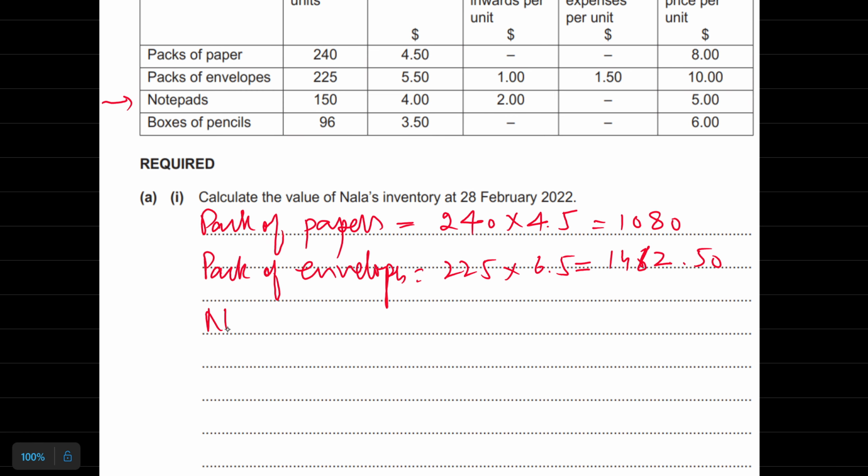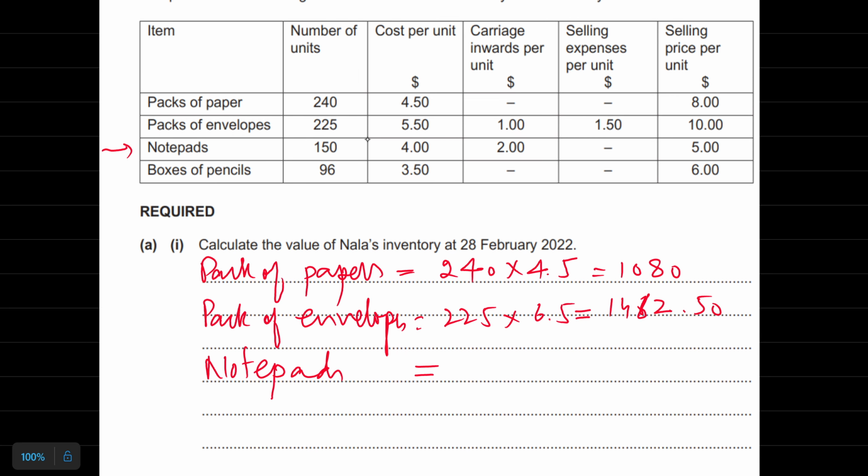Now let us move to number 3, notepads. Now students, the cost is 4 plus 2, 6, and net realizable value is 5, so we will record it at 5. So 150 units into 5 is 750.